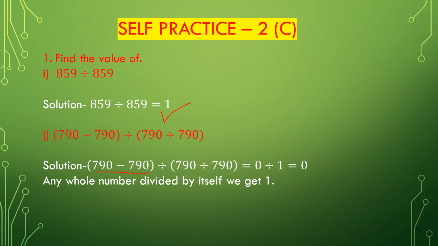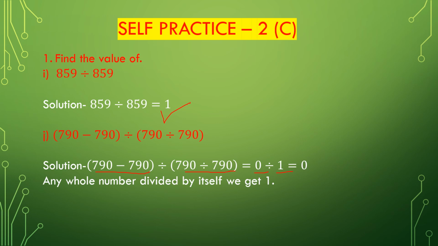First 790 minus 790 we get 0. Then the second parenthesis is 790 divided by 790. We know any whole number divided by that same whole number, that is itself, we get 1 only. So 790 divided by 790 we get 1.